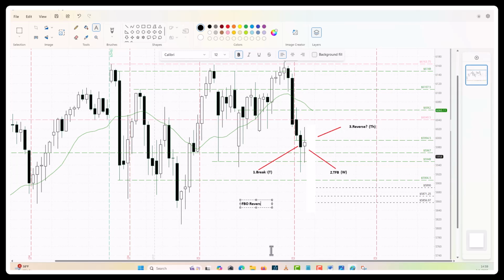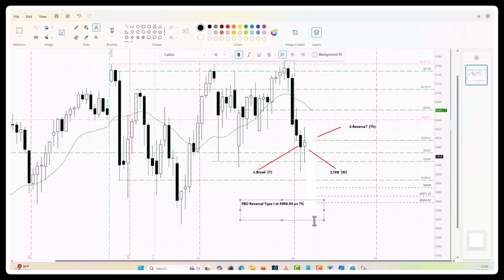So type 1, break, type 1 at the level 59.94.50. All right.